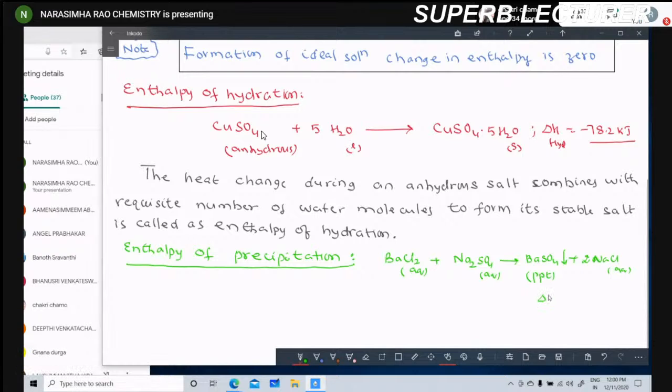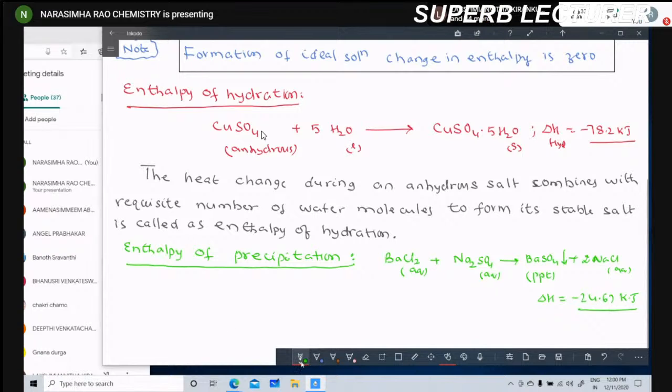For this reaction, delta H PPT is minus 24.67 kilojoules. This is also an exothermic process, reminder. So the heat change during the formation of 1 mole of precipitate is called the enthalpy of precipitation.